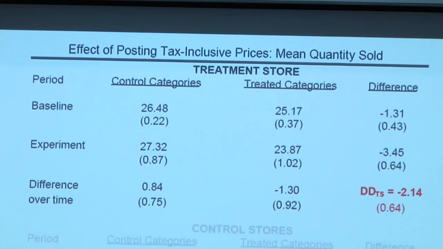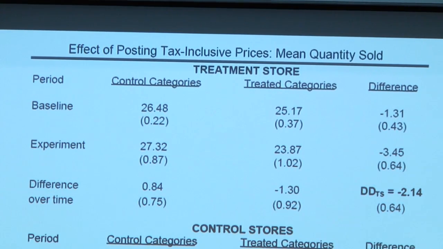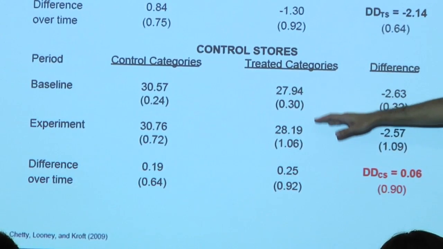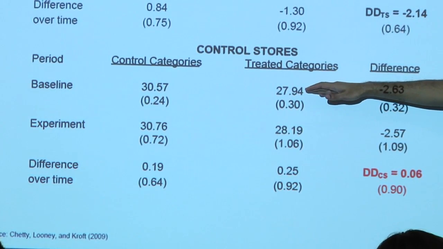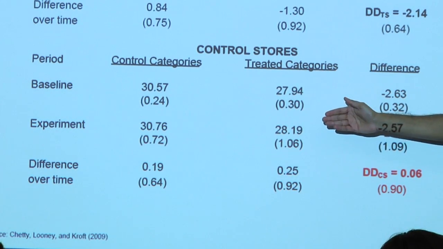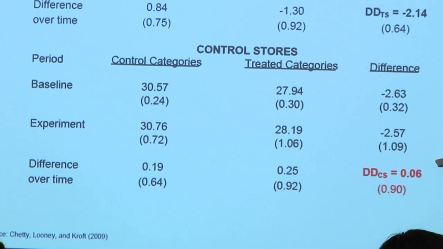One natural way is to look at the control stores where we had no intervention, and do exactly the same analysis. Look at the change in demand in the treated categories and the control categories over that period. And here you see that the difference in difference estimate is actually 0, quite reassuringly. That is supporting the common trends assumption, right? That the changes in the two groups would have been the same had we not done the intervention.